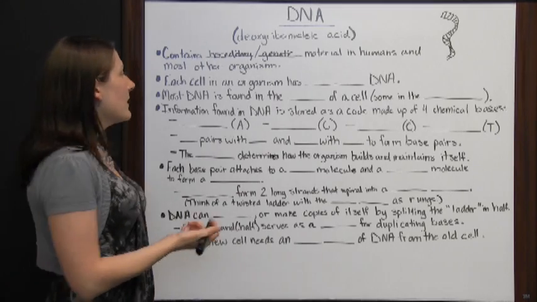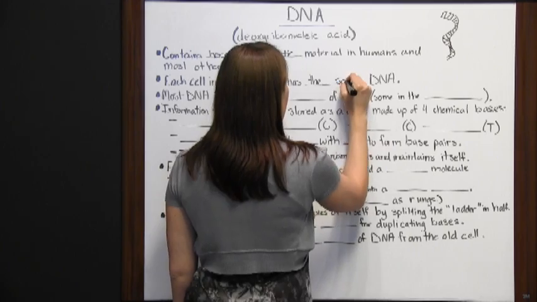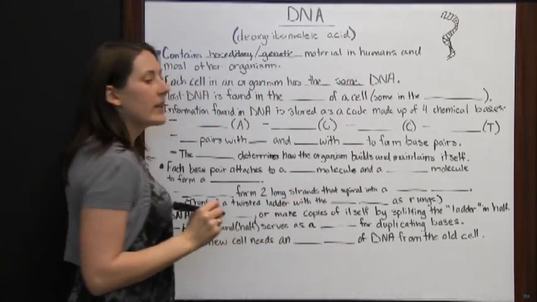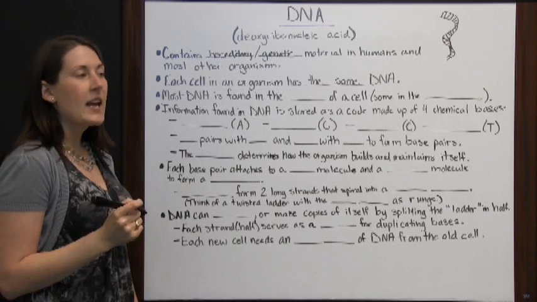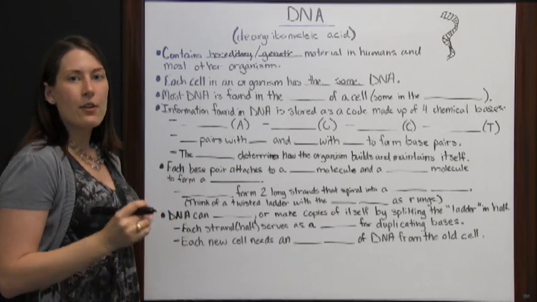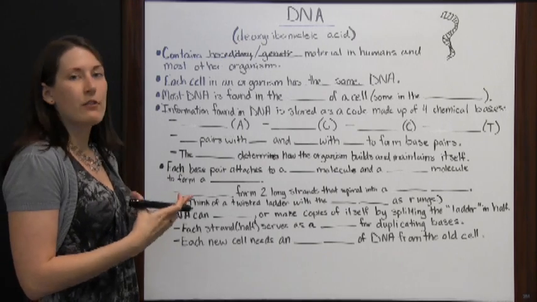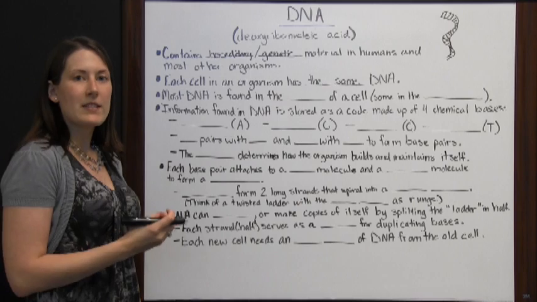Now each cell in an organism has the same DNA. So if someone were to get a piece of your hair and a fingernail and a piece of skin and look at it very closely, the DNA in all 3 would be the same, and it would let whoever was looking at this know that all 3 of those articles came from the same person.